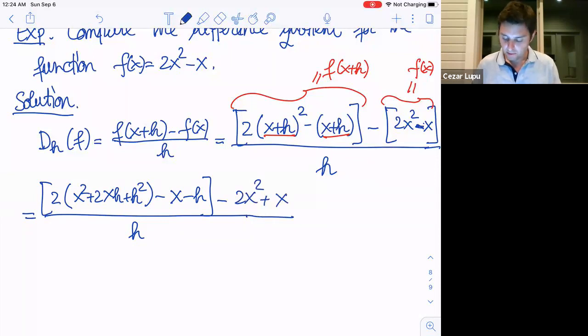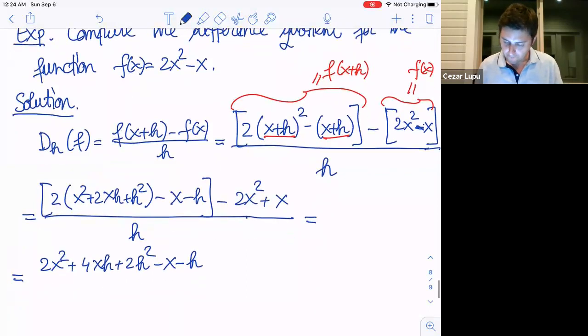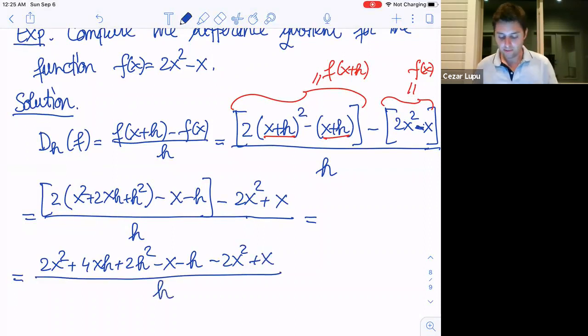All right, beautiful. And now this will be equal to 2x squared plus 4xh plus 2h squared minus x minus h, minus 2x squared plus x, over h.